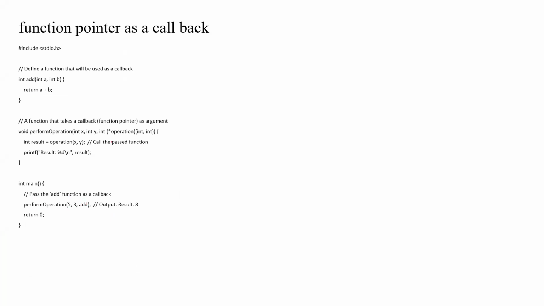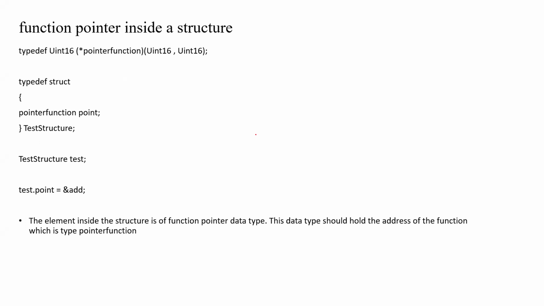Whenever you pass this function, it goes to a function pointer, and inside we can call this operation, which basically holds the address of add, right? So the add is defined over here. This is a function pointer as a callback.